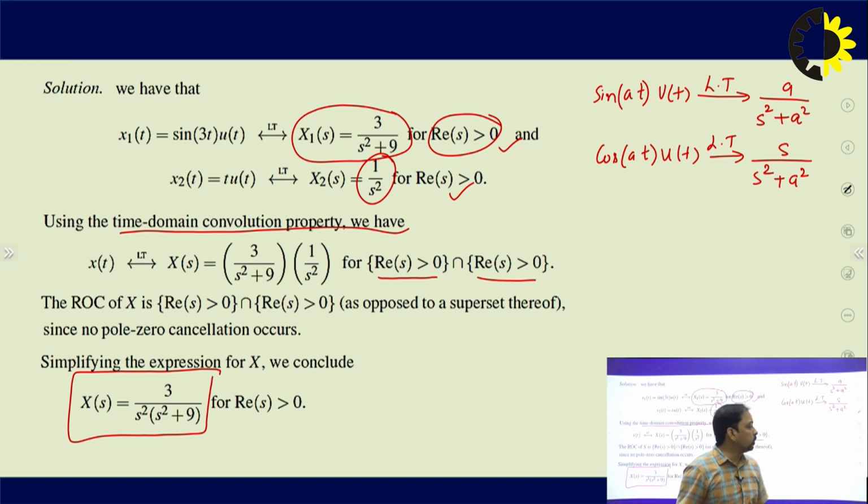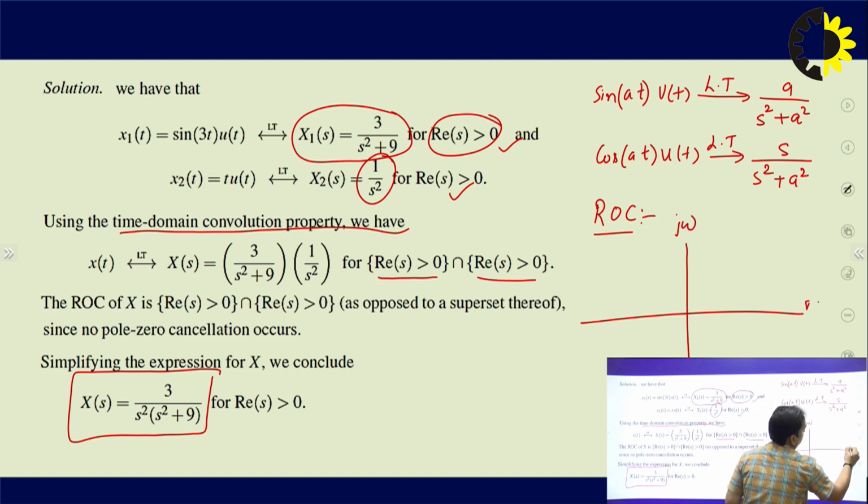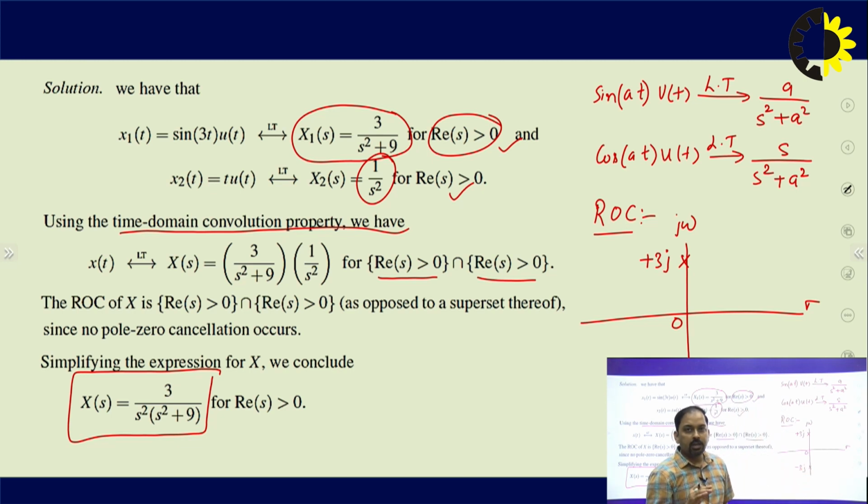If you want to show the region of convergence for this convolved signal, the ROC is like this, and we can see the poles are at plus 3j and minus 3j. But we must remember that the ROC depends only on the real part of s.